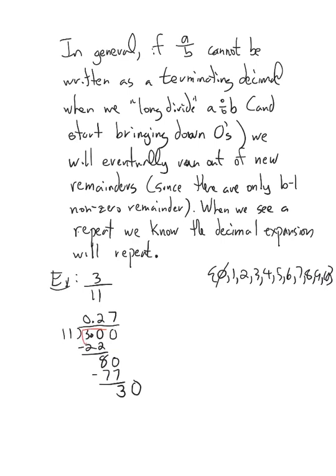That's right here. So once we introduce those zeros to the right, anytime we see a repeat, we know what happens. So we've only seen the remainders 8 and 3, but the next remainder we get is 8. So the remainders in this case are going to keep alternating.